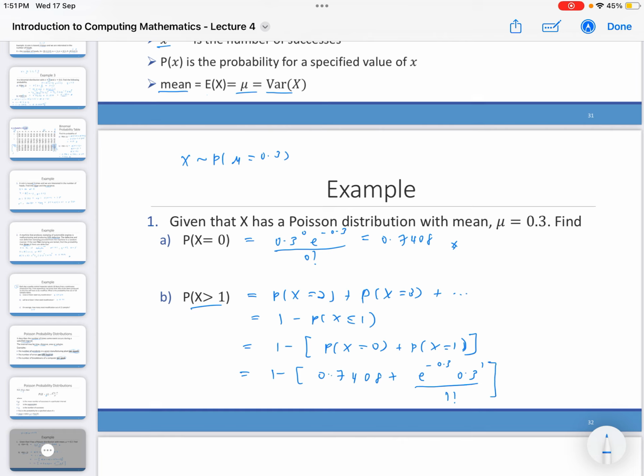When you calculate, the final answer is 0.037. So remember, for Poisson the number of successes can go up to infinity.